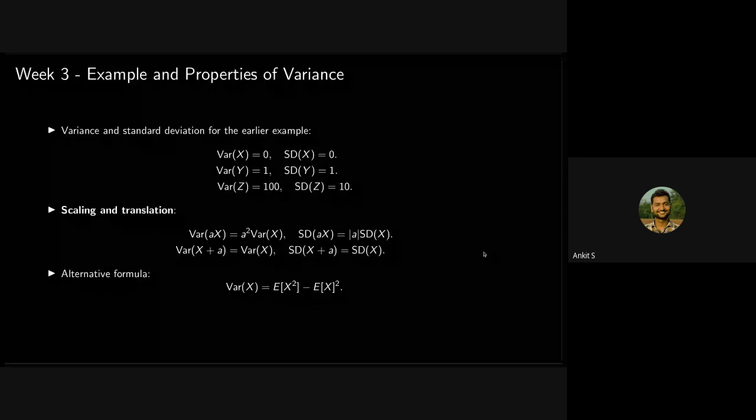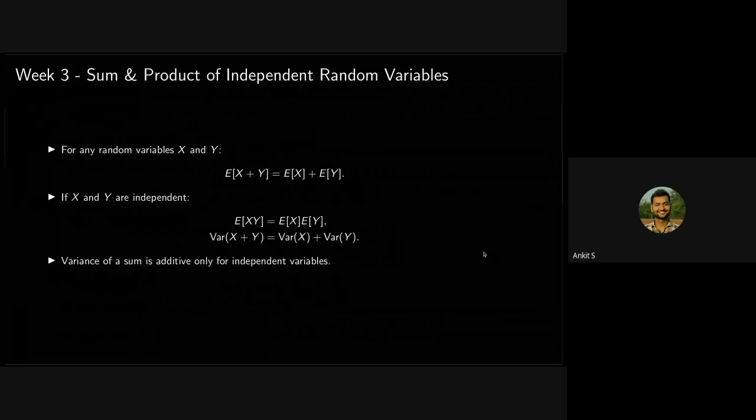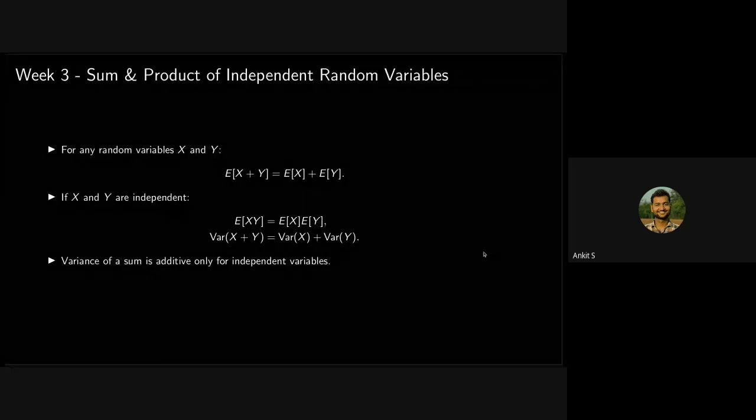In this slide, we have been discussing examples and properties of variance. Now, sum and product of independent random variables.